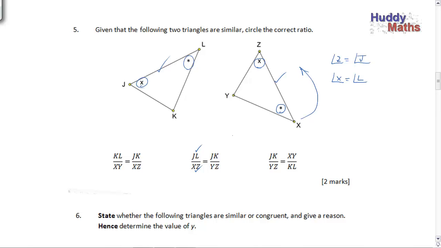There it is. And is it true that that would be equivalent to JK and YZ? Would they be the same? Just let's have a look. JK is adjacent to the X in this one and opposite the star. So here YZ is adjacent to the X and opposite the star.